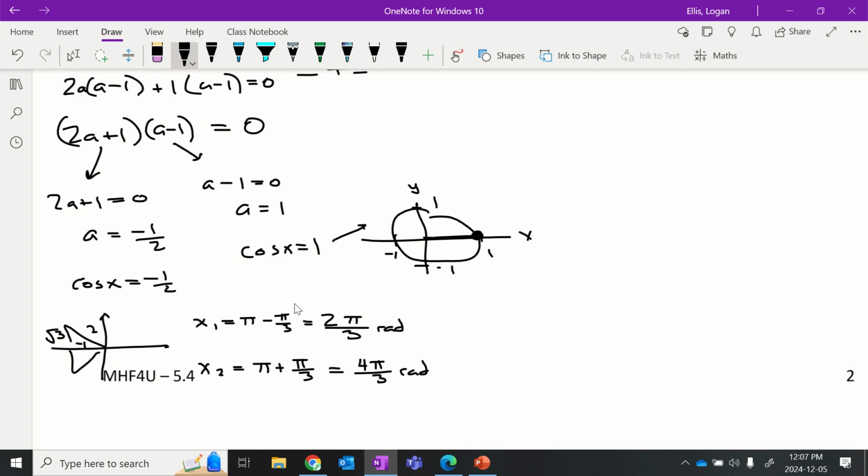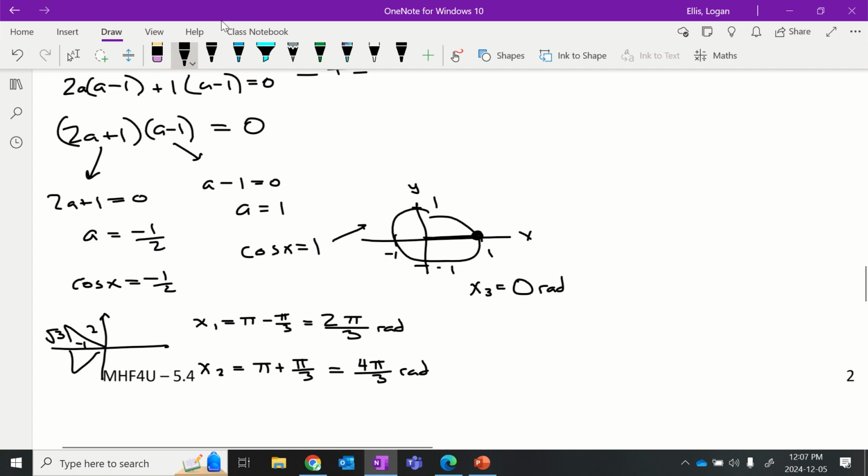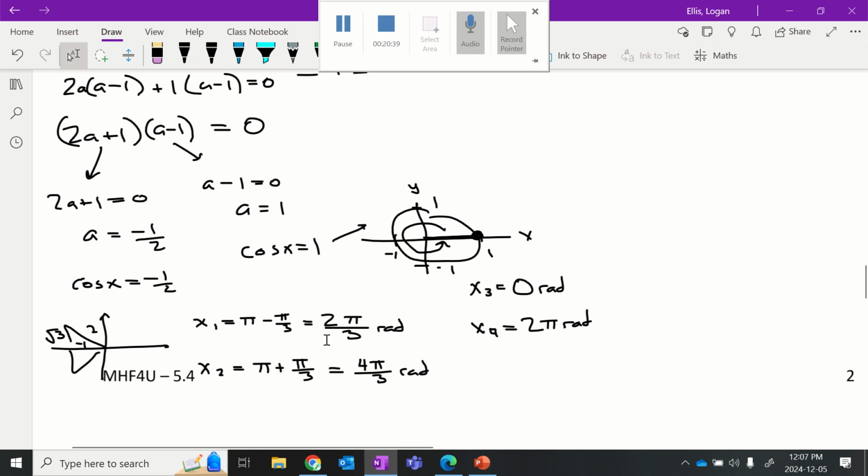But remember, that's a bit tricky because that is the angle of 0. So x3 is 0 rad where it's not moved anywhere, but it's also the same as if you were to go all the way around and end up in the same spot, which would be 2 pi rad.